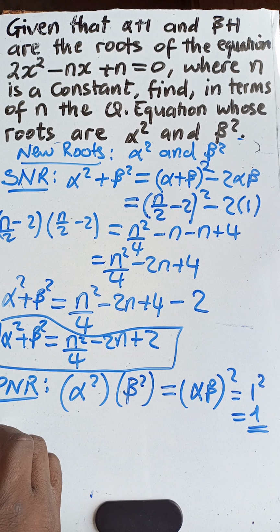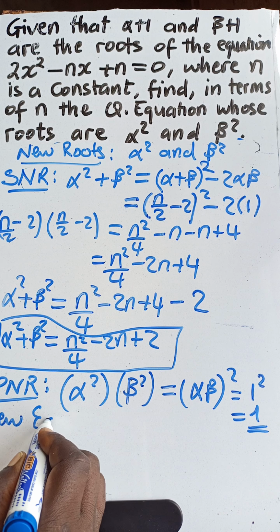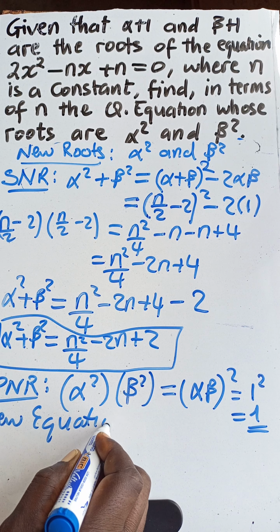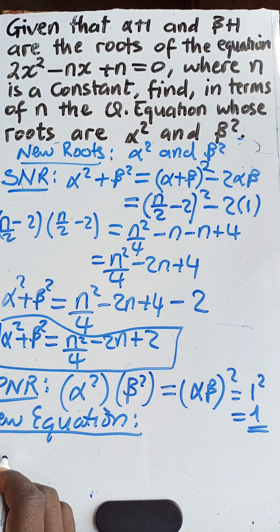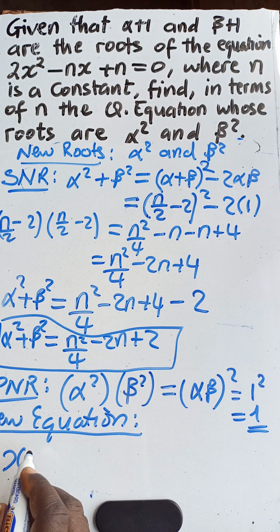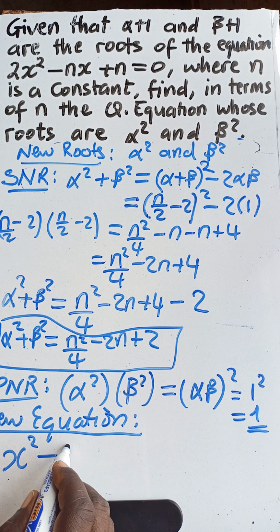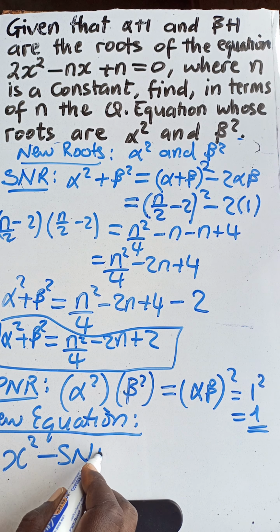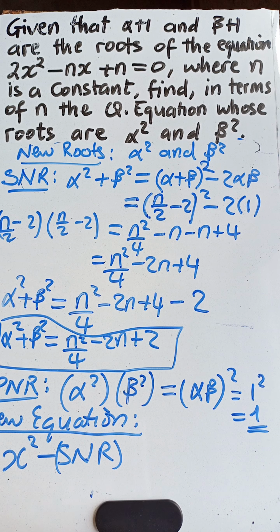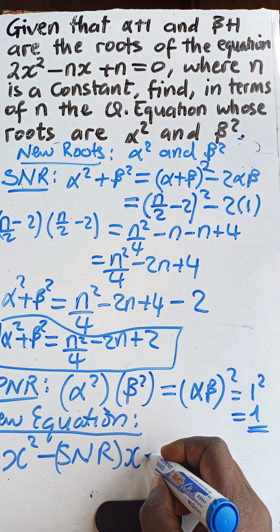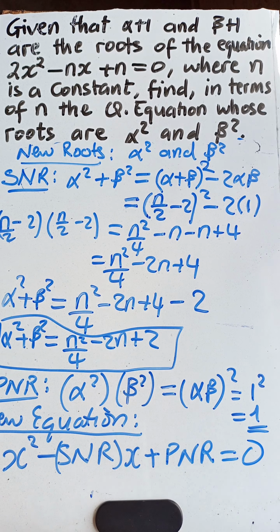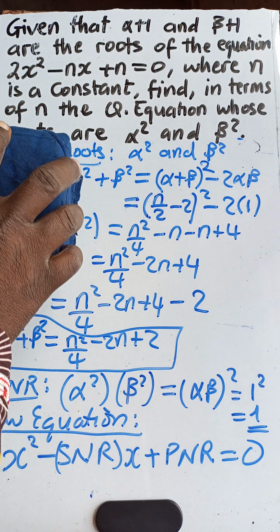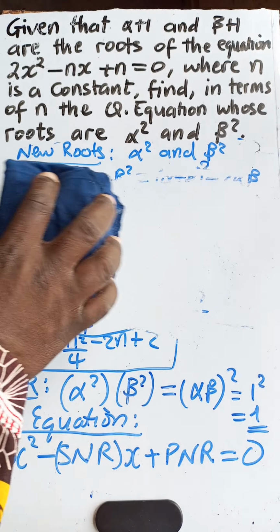Okay, so we know the sum of new roots and product of new roots. So what is the new equation now? New equation has the form x squared minus sum of new roots times x plus product of new roots equals 0.